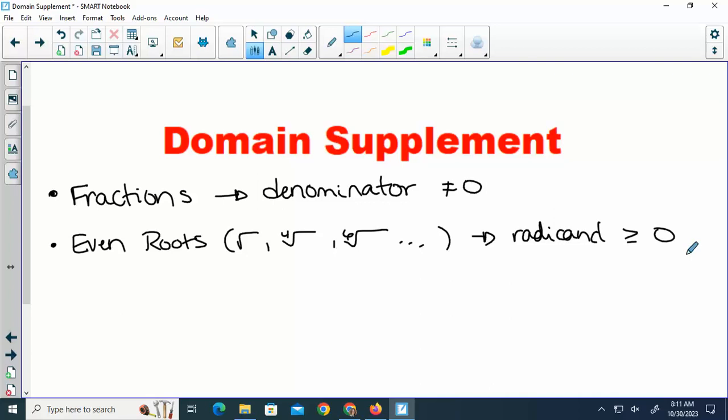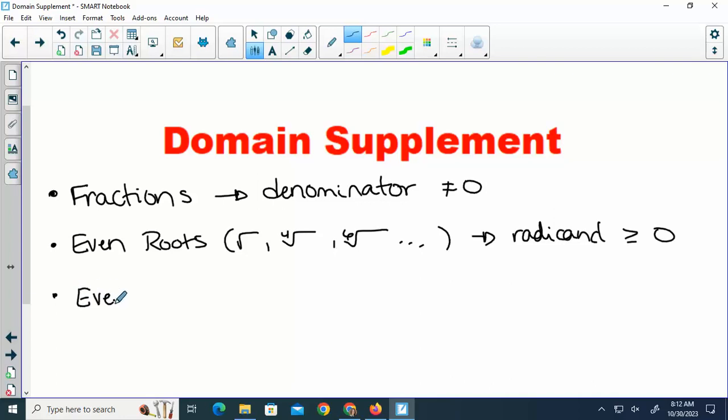For our purposes right now, this is all we have to worry about. There are some other functions that have weird domains, like trig functions, which we won't do in this class, and logarithms. When we get to those, their domain is a little bit different. But with the functions that we've encountered so far, these are your only 2 rules for your domain.